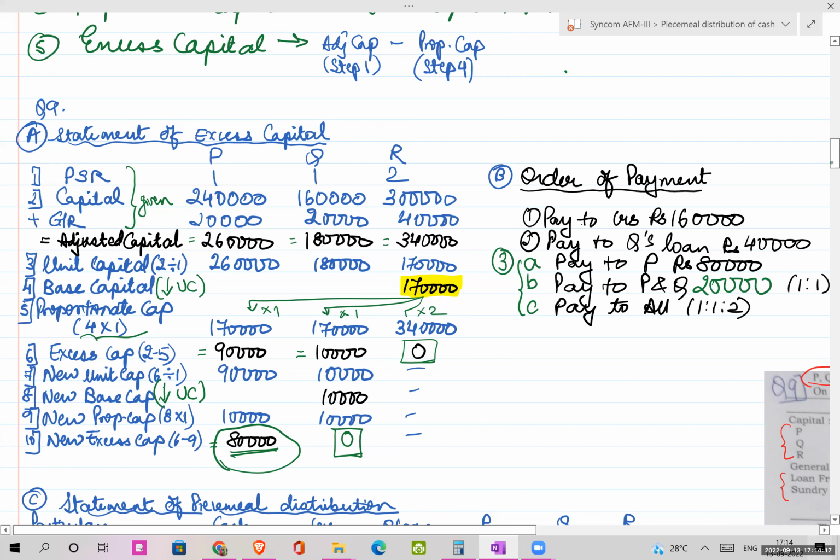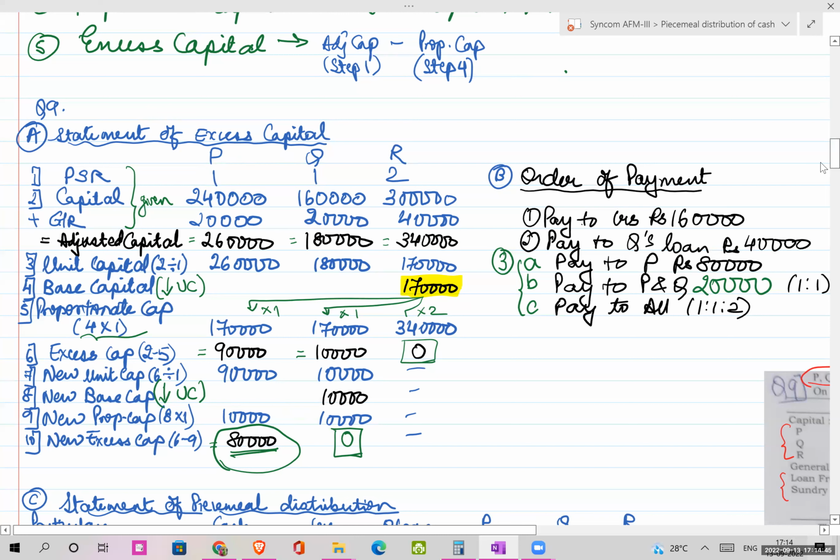How? See this. 80 के बाद 10 plus 10 is how much? 20. So 20 would be paid to them. So you can even write pay to P and Q 10,000 and 10,000 respectively, or you can write paid to P and Q 10 plus 10 20 in their equal ratios. Equal क्यों? क्योंकि दोनों का PSR देखो कितना है, 1:1 है, correct?